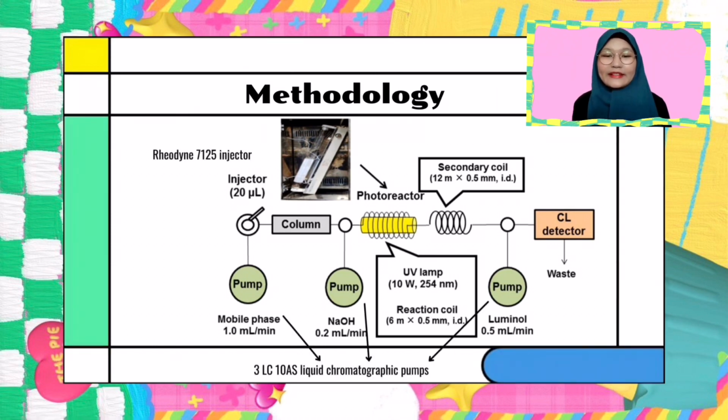The analysis system consisted of 3 LC-10AS liquid chromatography pumps, an injector with a sample load volume of 20 microliter, and an online photoreactor consisting of a reaction coil coiled on a 10-watt 254 nanometer low pressure mercury lamp, maintained at room temperature in a black box placed after the chromatography column.